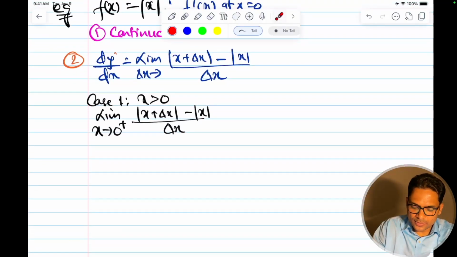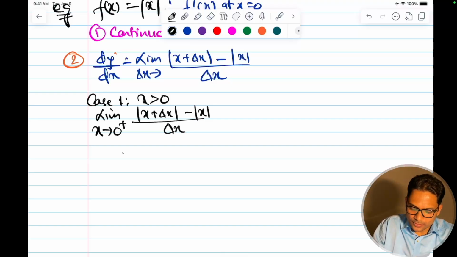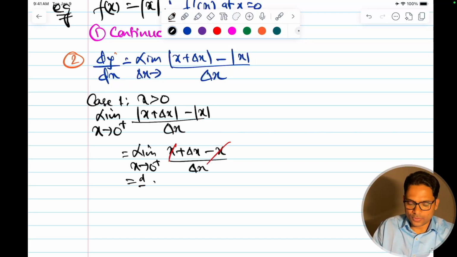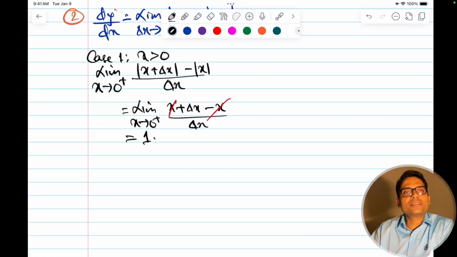So if this is positive, then mod of x plus delta x is equal to x plus delta x. I can just open it up. So this is equal to limit from positive side, x plus delta x minus x by delta x. So x and x get cancelled, delta x by delta x, so this will be equal to 1, and that's what we found out also. So if I come from the positive side, my derivative is 1.